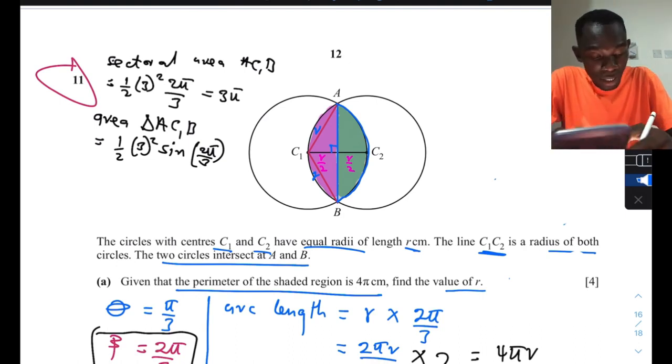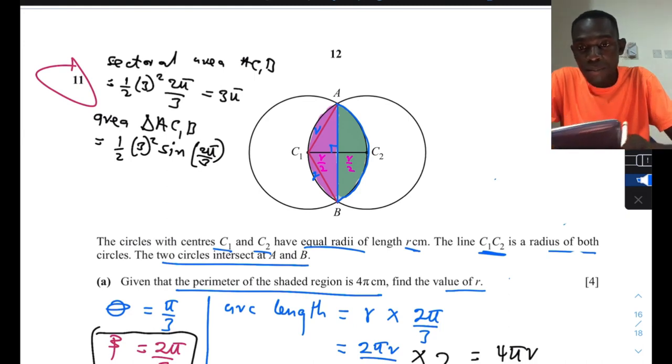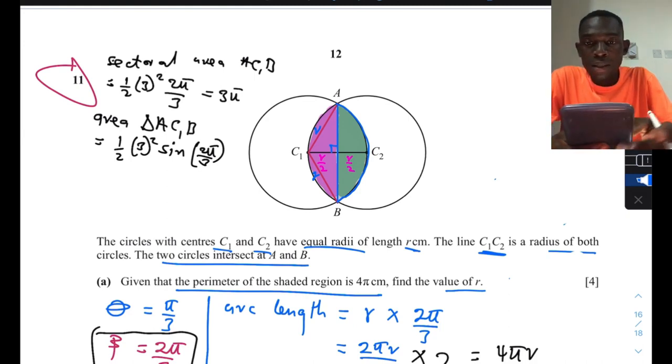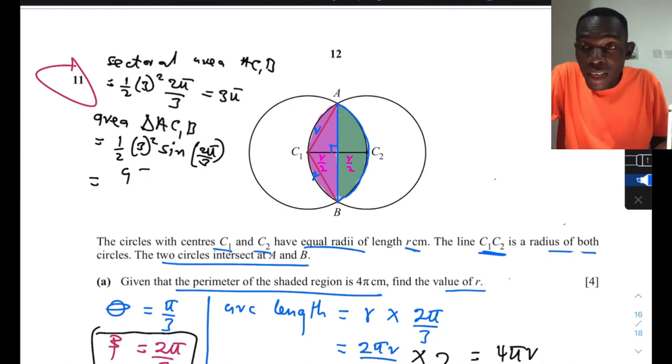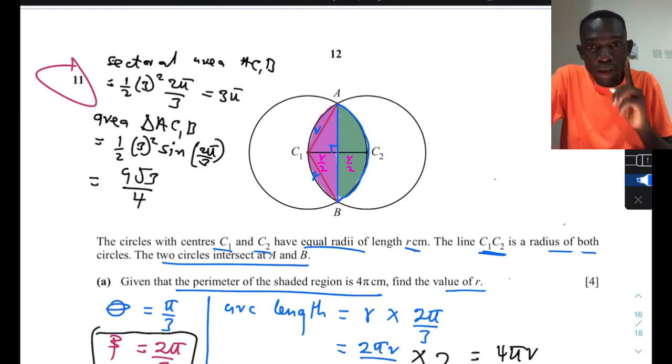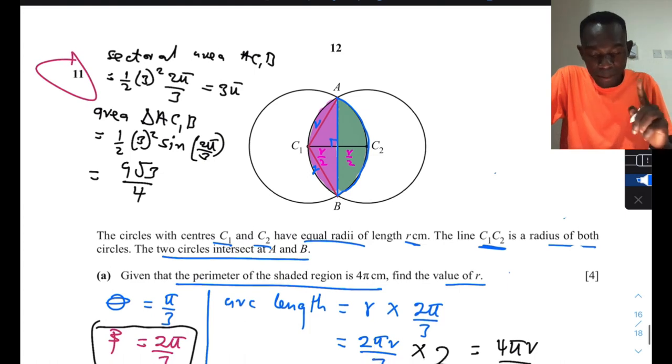So that is 0.5 times 9 times sine 2 pi on 3. And that, ladies and gentlemen, gives us 9√3/4. Like I said, do not use any decimal here.